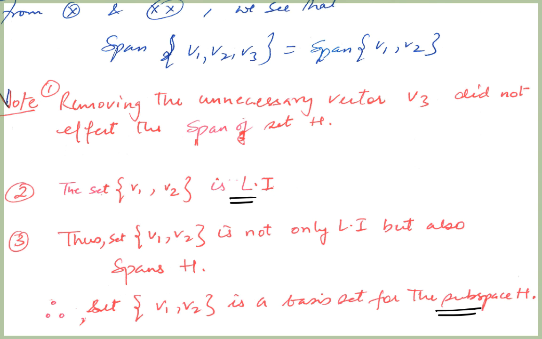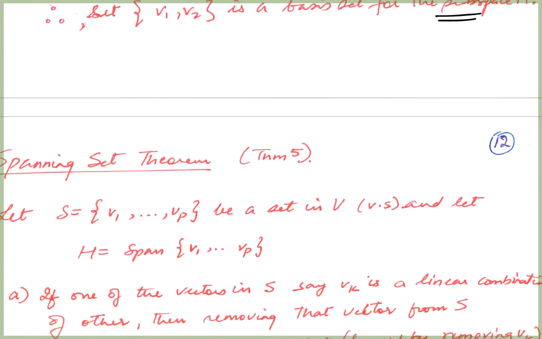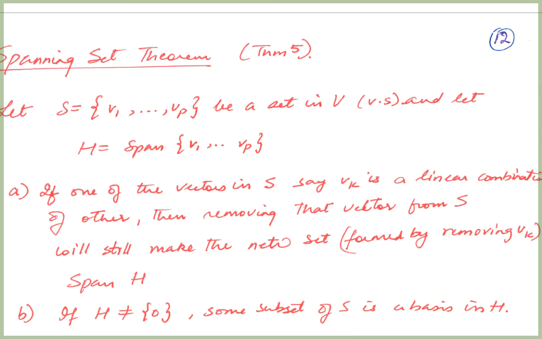It leads to a very, very powerful theorem, guys, which is called the Spanning Set Theorem, which says that if S is a set of vectors in a vector space V, we are having v1 to vp, and I take the span of this S, and by default we know that this H is a subspace of the vector space V. Now, if each of these vectors are linearly independent, we are good to go. H is a basis set.